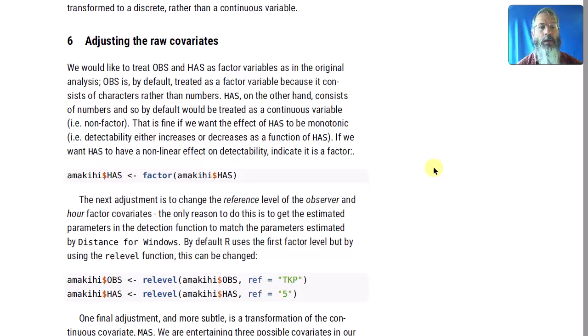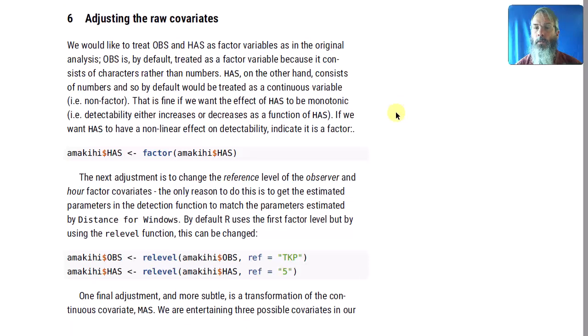And so having covariates on widely different scales can again introduce difficulties in the actual fitting, the parameter estimation associated with fitting detection functions.